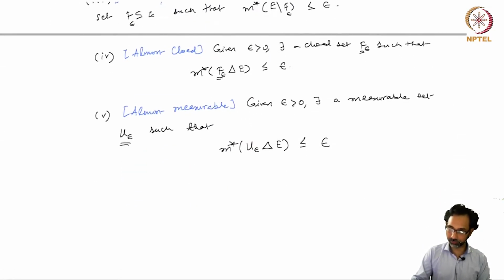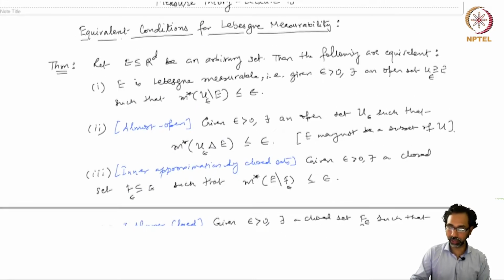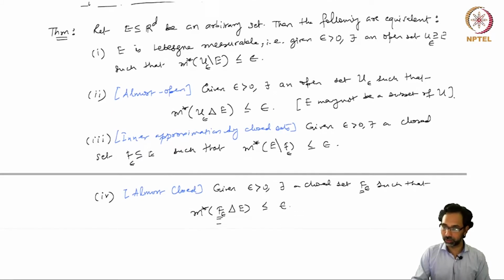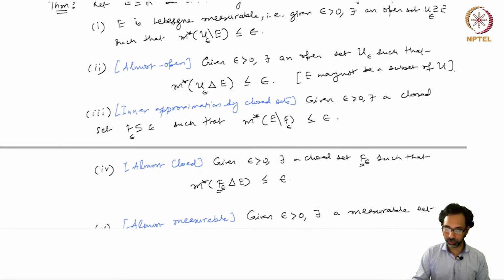So these are 5 equivalent conditions. We have listed 5 equivalent conditions if you want to test whether some given set is Lebesgue measurable or not. So let's try to show this.